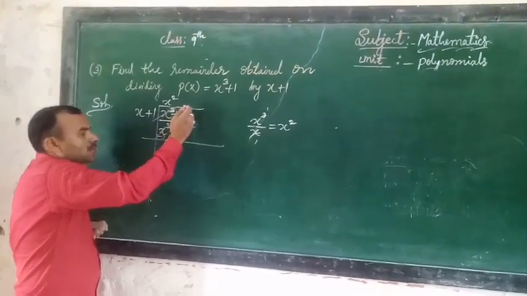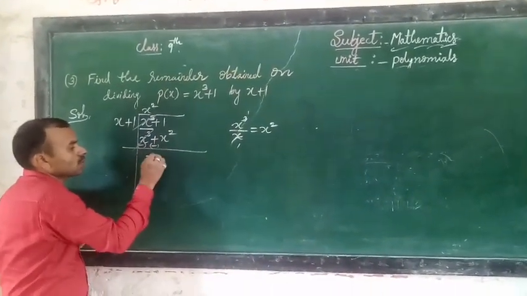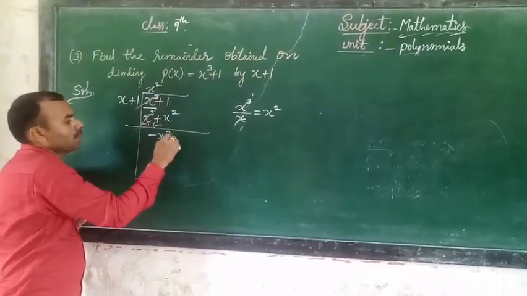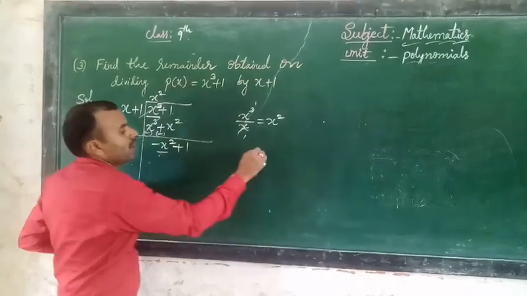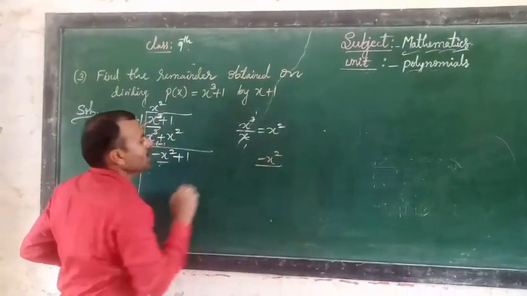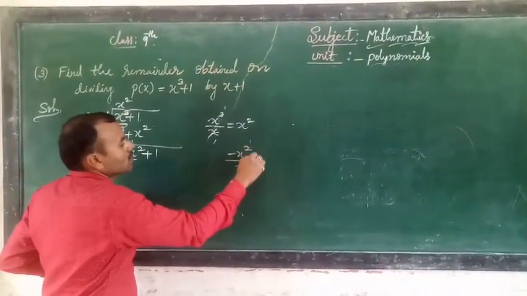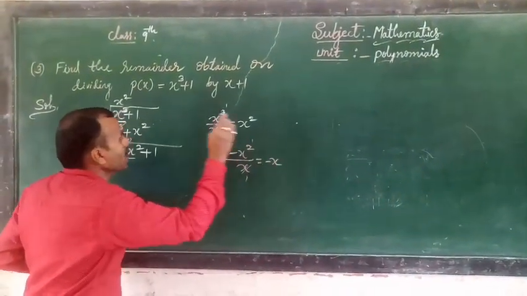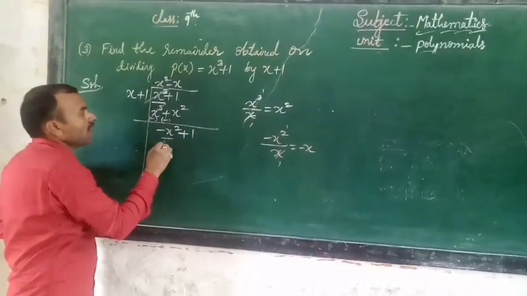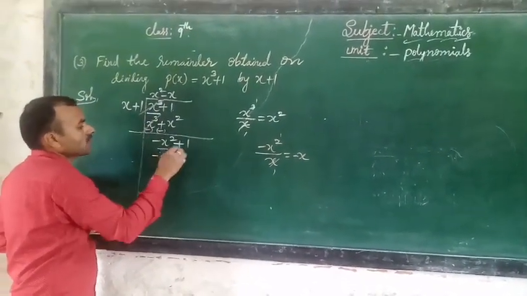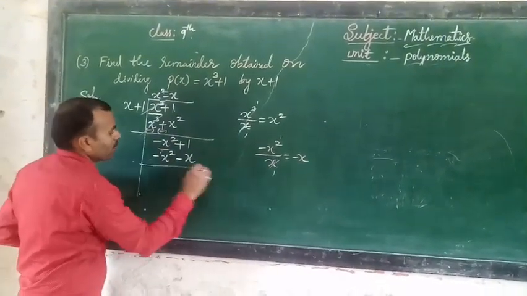In this expression there is no x square, so write it as it is, minus x square and the remaining plus 1 is there. Now the first term of the dividend, minus x square, is divisible by plus x, so it is minus x. Right here minus x into x square, and minus into plus, minus x into 1, x.